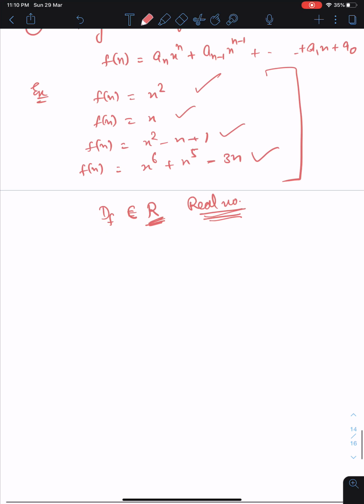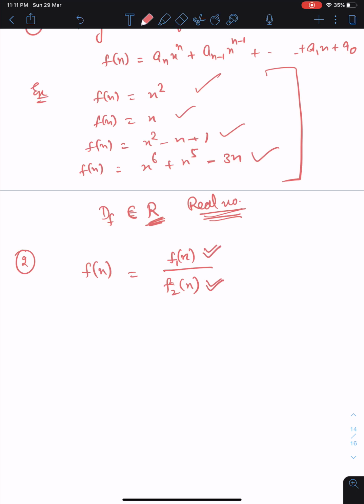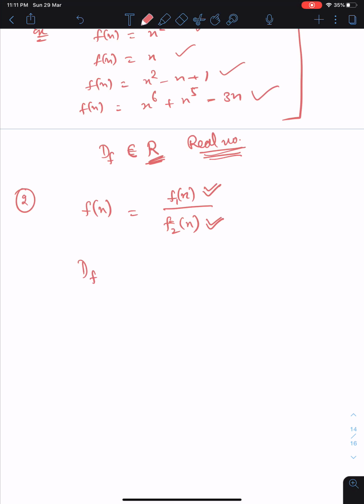Now further we'll go to functions of the kind f1(x) upon f2(x), where one function is in the numerator and another in the denominator. For this kind of function, the domain of f will be the domain of f1(x) intersection domain of f2(x), minus the points at which f2(x) gives you 0.